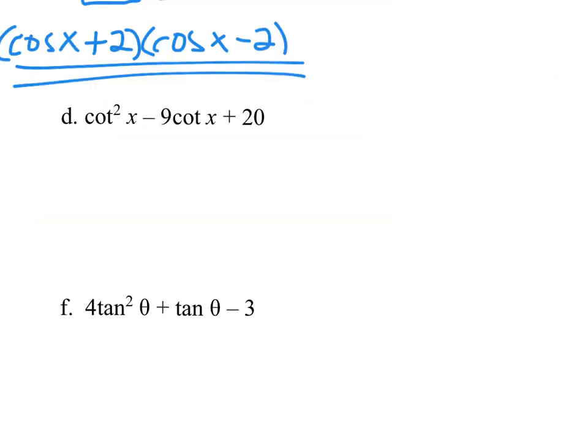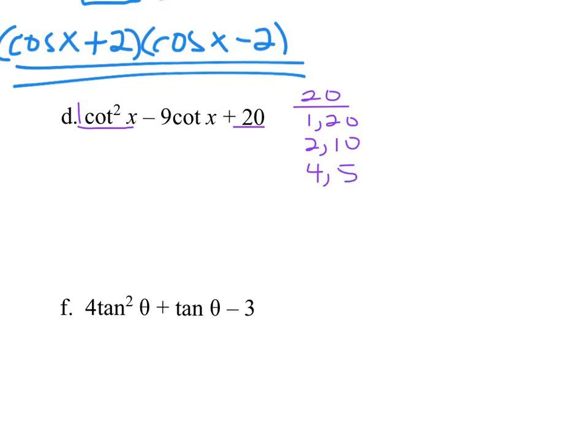Let's try a cotangent. Cotangent squared x minus 9 cotangent x plus 20. Again, in front of that squared term, we just have a coefficient of 1. So we are just going to go right to that constant at the end, 20. I know 20 has factors of 1 and 20, 2 and 10, 4 and 5.